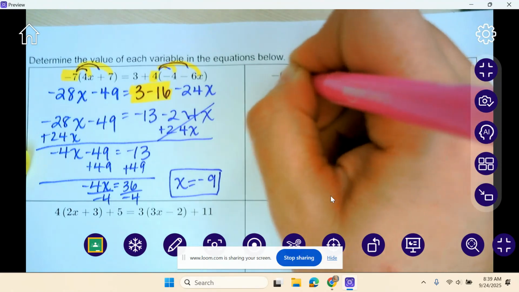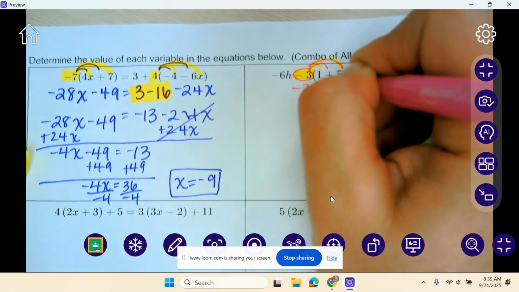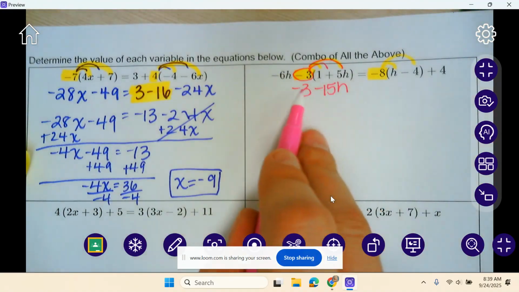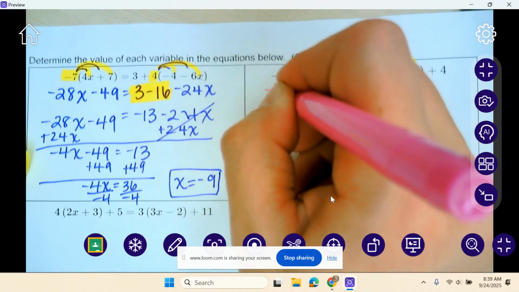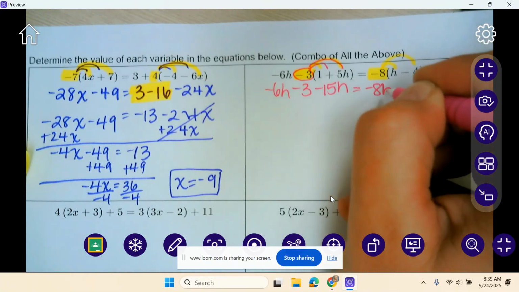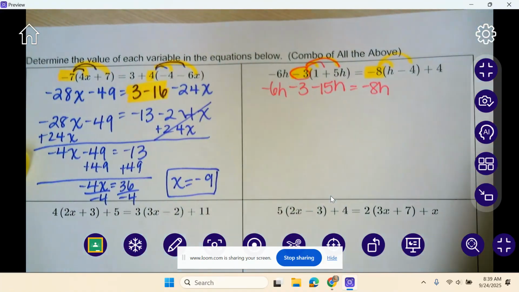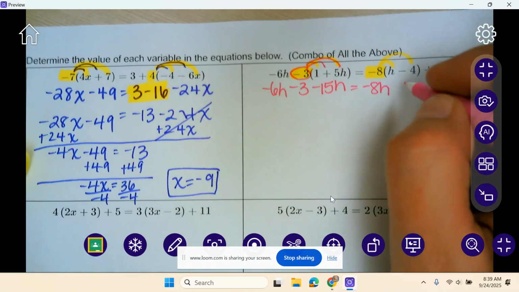So this becomes -3 minus 15h. Nothing changes with my -6h right here, so I'm just going to put that. -8 times h is -8h. -8 times -4 is a positive number, so you're going to represent that positive with a plus.